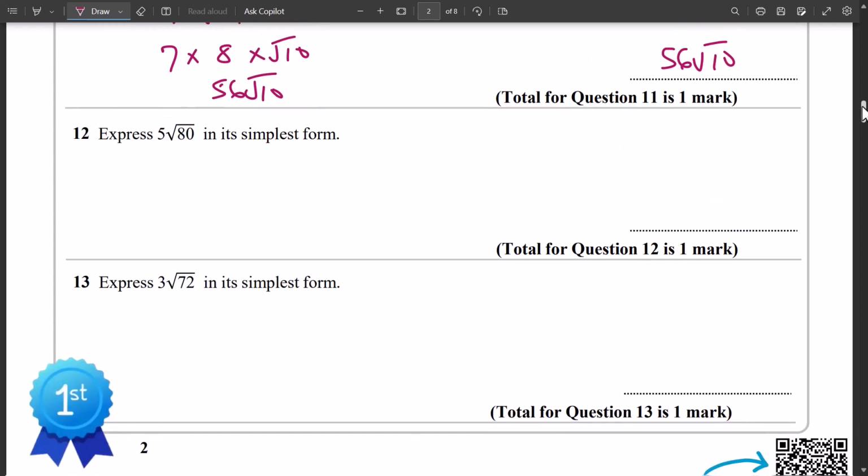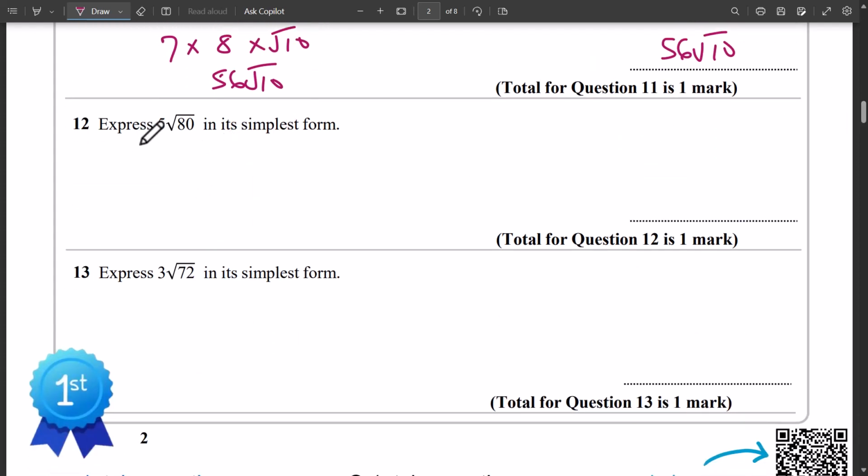And then with the next, we can simplify this as 5 times root 8 times root 10. But I know 8 here can still be simplified as root 4 times root 2. And of course, this is root 10. Now, root 4 is 2.